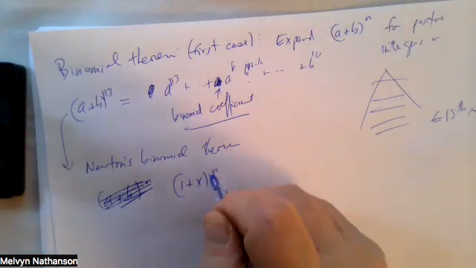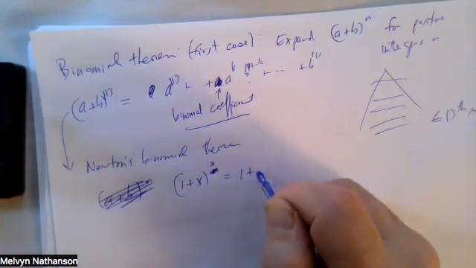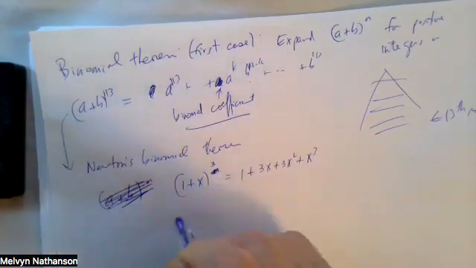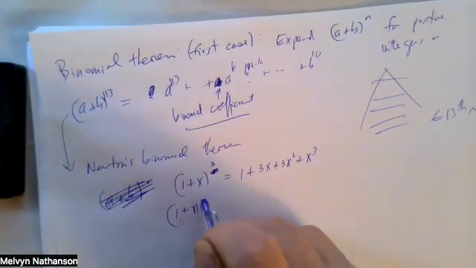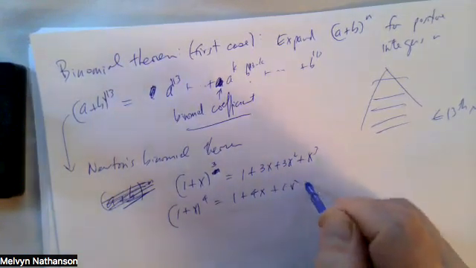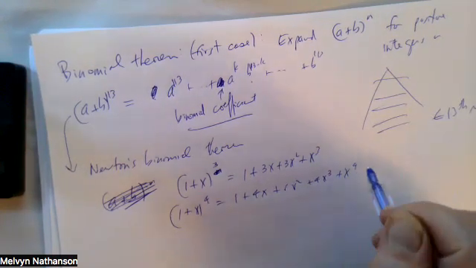Right? So like 1 plus x cubed is 1 plus 3x plus 3x squared plus x cubed. 1 plus x to the 4th is 1 plus 4x plus 6x squared plus 4x cubed plus x to the 4th, and so on.